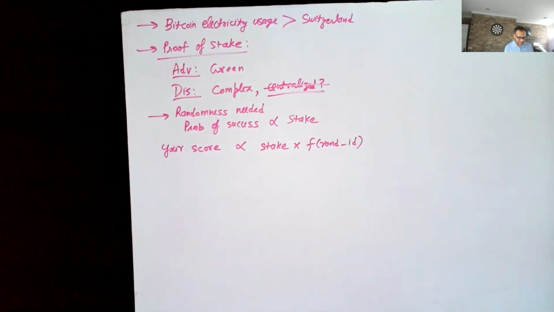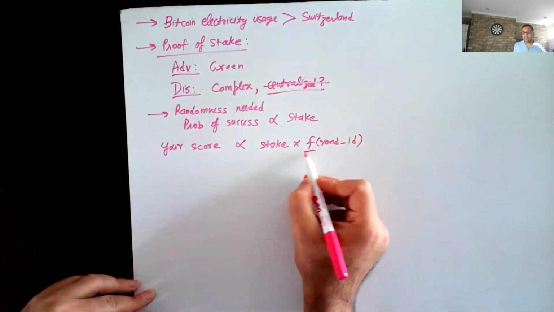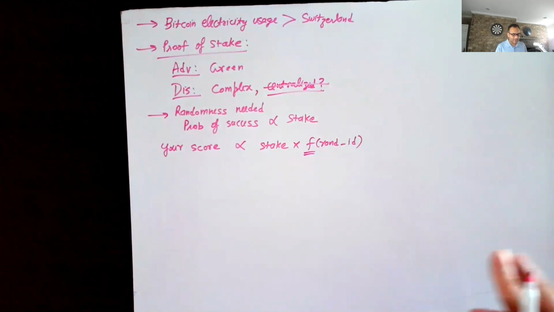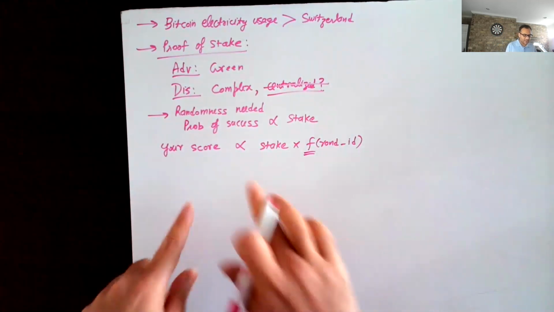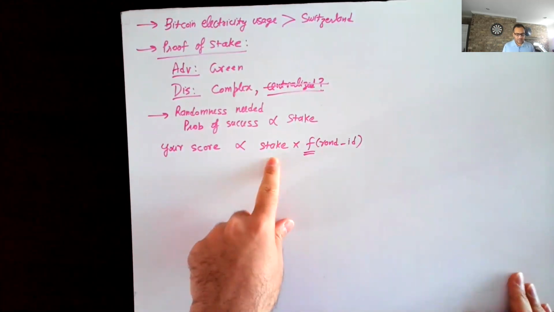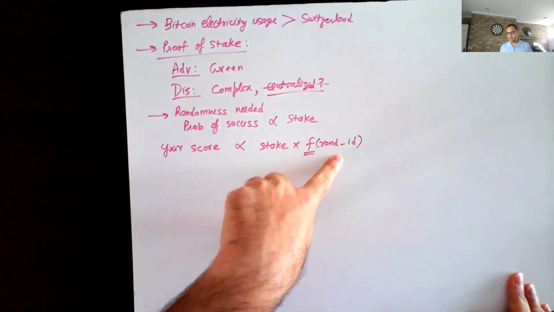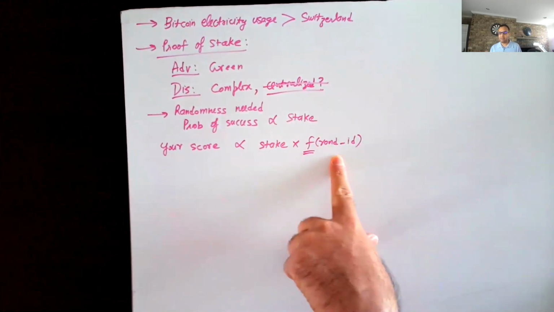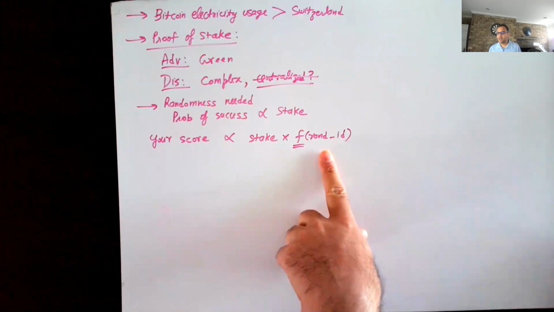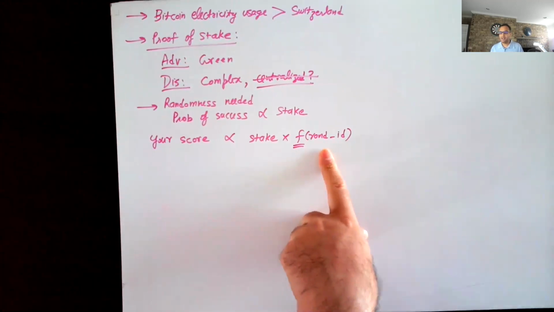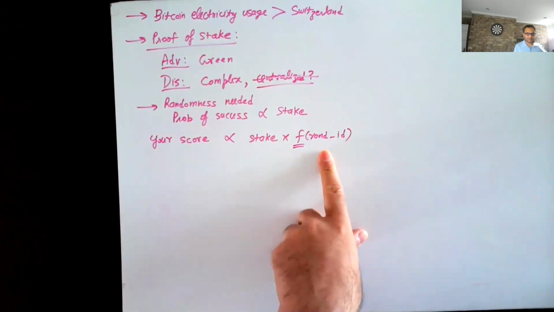This function can be any function. It can even be the identity function. So for simplicity, let's just assume that your score is equal to your stake multiplied by some random number, coming from some domain, let's say a 50-bit random number or something like that.